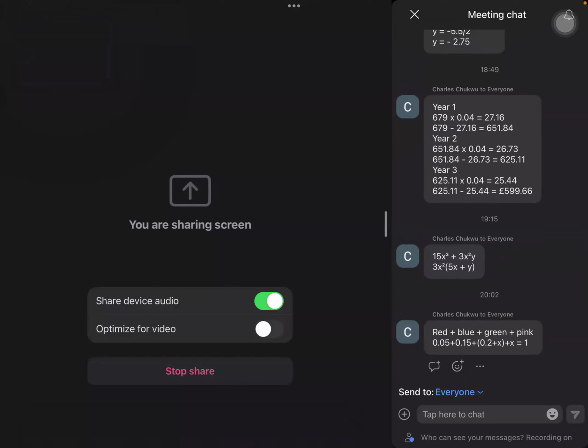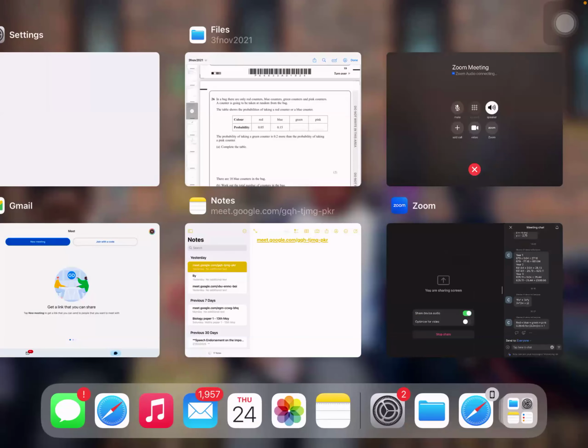So 2x will be equal to 1 minus 0.4, and that's going to be 2x is equal to 0.6. And finally, x is equal to 0.6 divided by 2, which is 0.3.